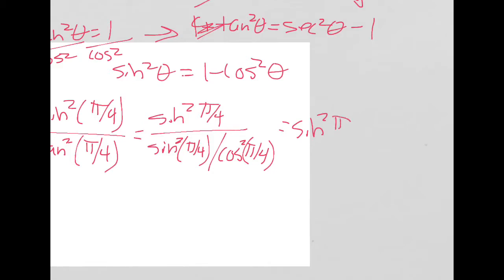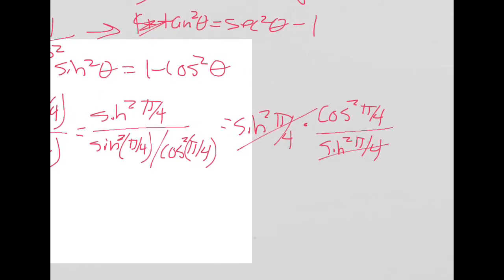Well, we say that dividing by a number is the same as multiplying by that number's reciprocal. And so instead of dividing by sine squared over cosine squared, I will multiply by cosine squared over sine squared. So I'm going to get cosine squared of pi over 4 over sine squared pi over 4.